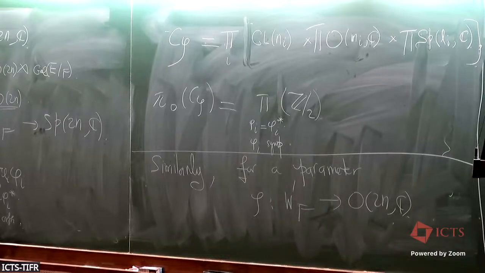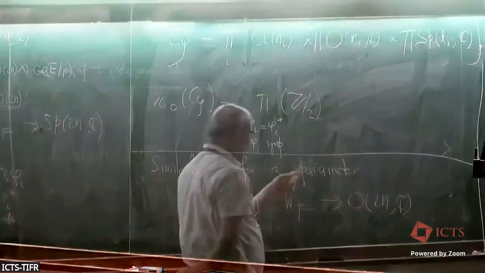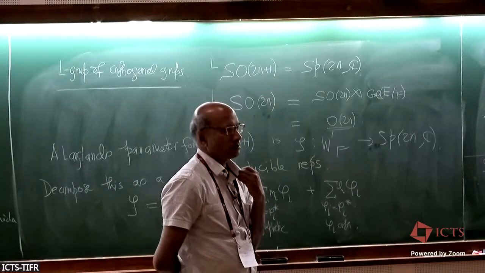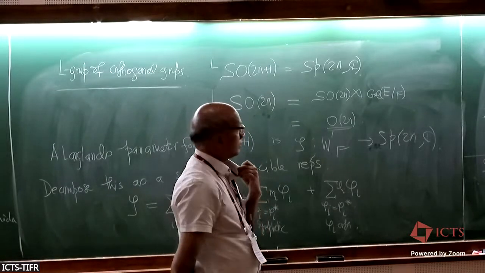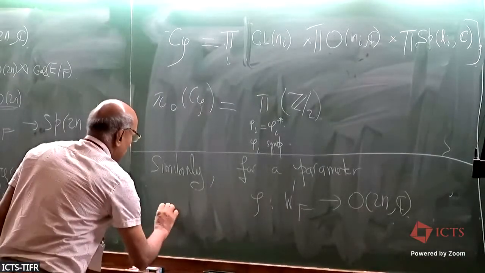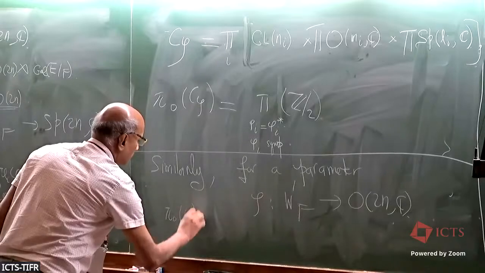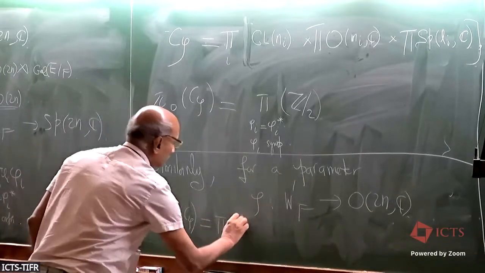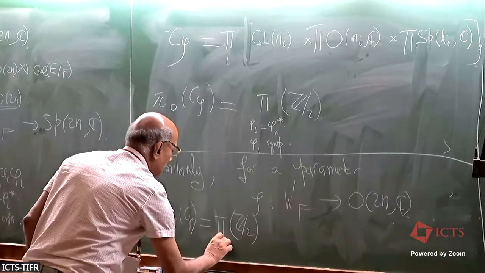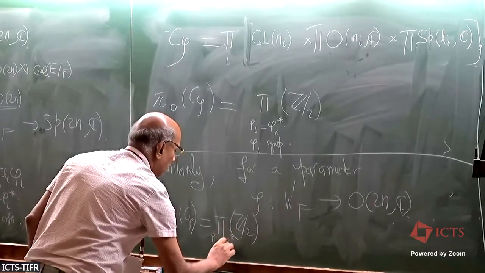Again, the case of good parity will give rise to orthogonal groups. And the statement is that pi_0 of C_phi is a product of Z mod 2, and this time over phi_i equals phi_i star and phi_i orthogonal.